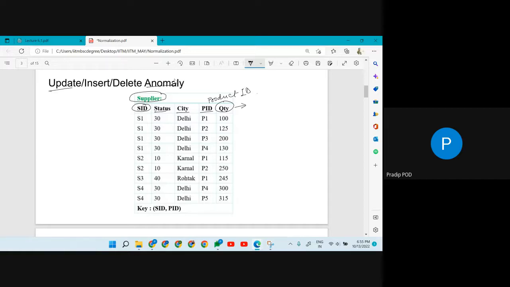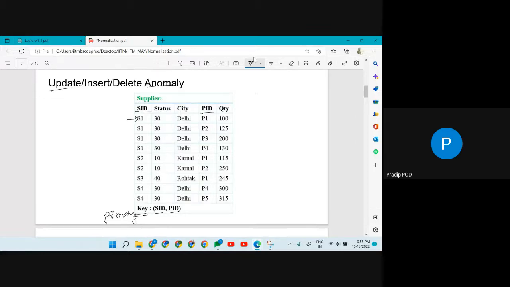Here SID and PID together are your primary key. Key means primary key here. Right. So here you can see what an update anomaly is.